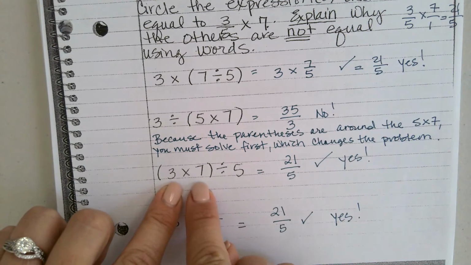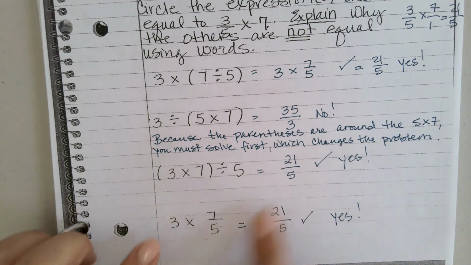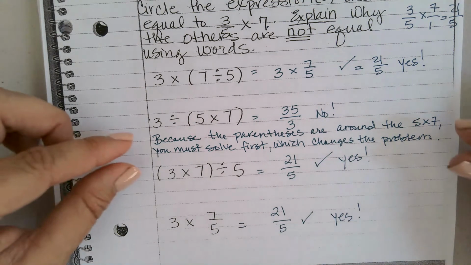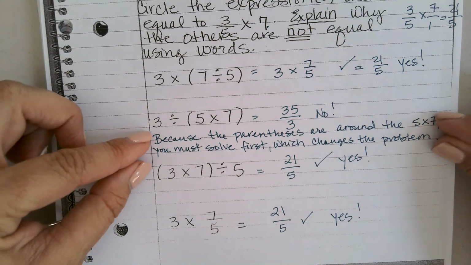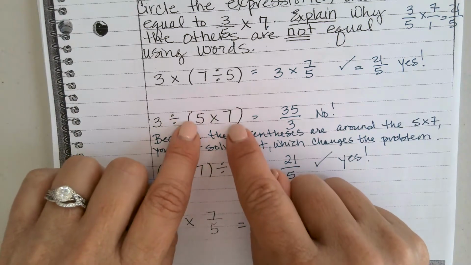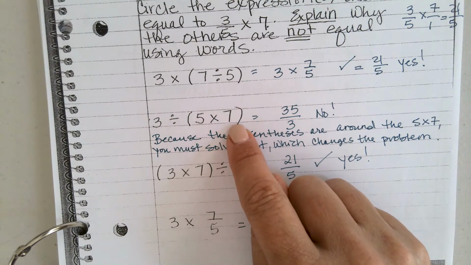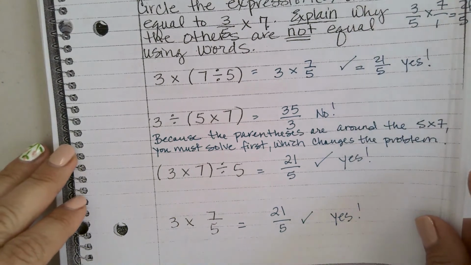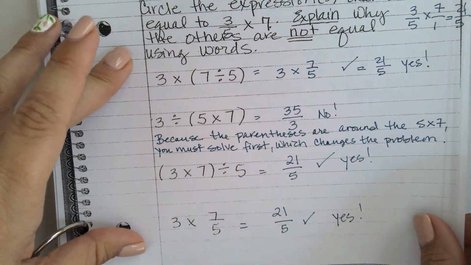Then 3 times 7 is 21, divided by 5. 3 times 7/5 is 21 over 5, and yes, those all check out. So knowing how to explain it, knowing that possibly just because the parentheses are there, that has changed the problem. This is the way you do it.